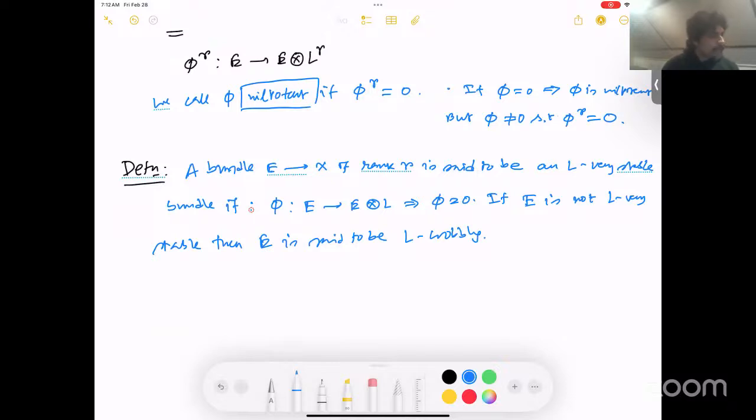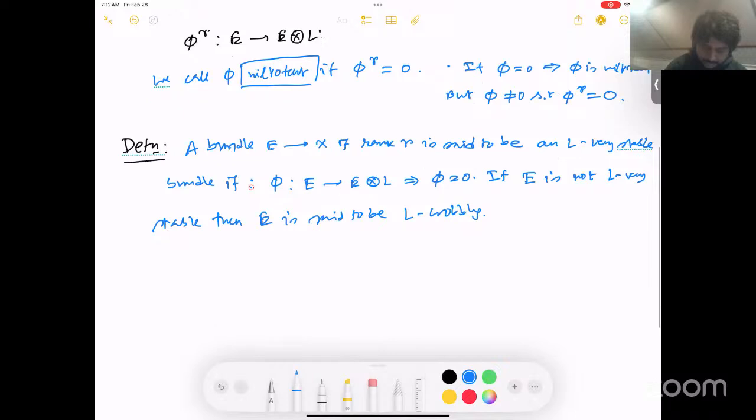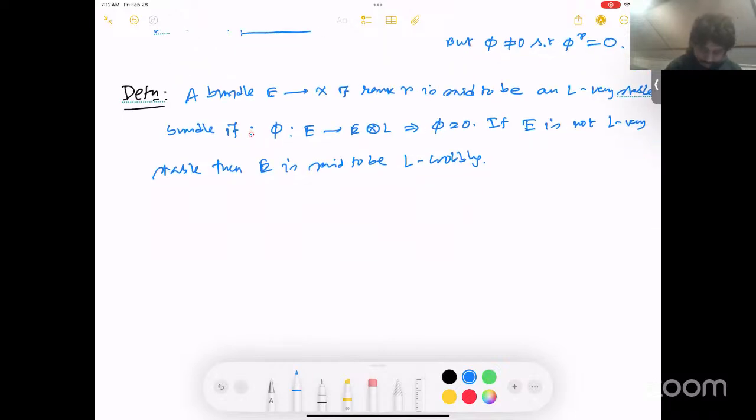So we can start creating some examples of very stable or wobbly bundles, which are quite elementary. So we can think about X is the compact Riemann surface of genus 0.